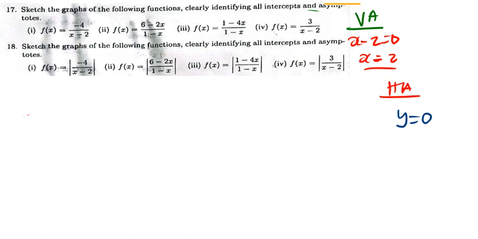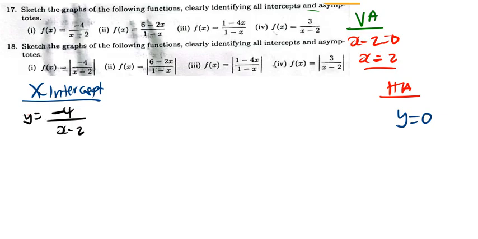Let's go back. How do we find the intercept? We have what we call the x-intercept and the y-intercept. To find the x-intercept, this function here is the same as y is equal to negative 4 divided by x minus 2. To find the x-intercept, equate y to 0 and solve for x.